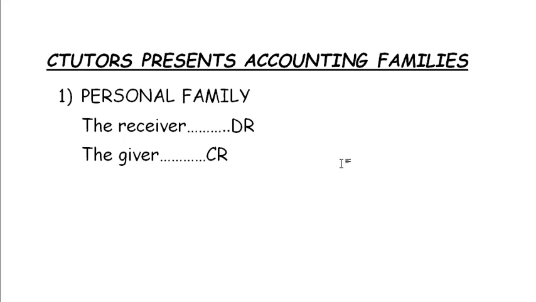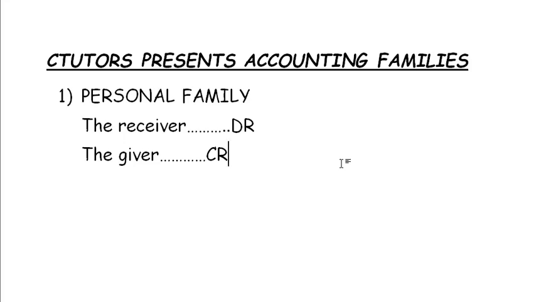Now the big question here is, where do you do this debit and where do you do this credit? The debit and the credit are to be done in the ledger. Anytime you are preparing the ledger, the ledger is the main book of accounts. Ledger is the principal book of accounts.